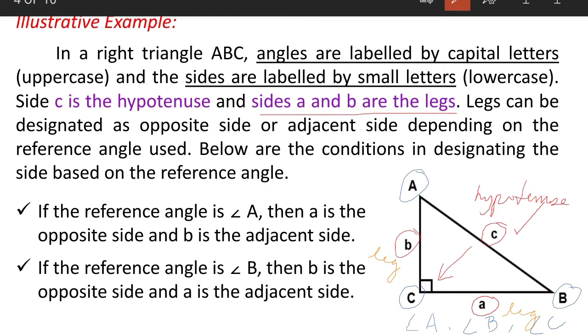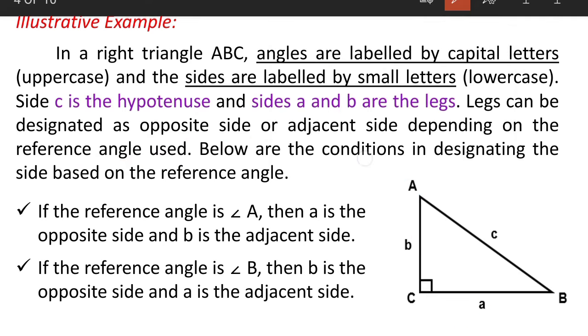Take note that legs can be designated as opposite side or adjacent side depending on the reference angle used. So our legs can be opposite, and they can also be adjacent, depending on the reference angle used. Below are the conditions in designating the side based on the reference angle.